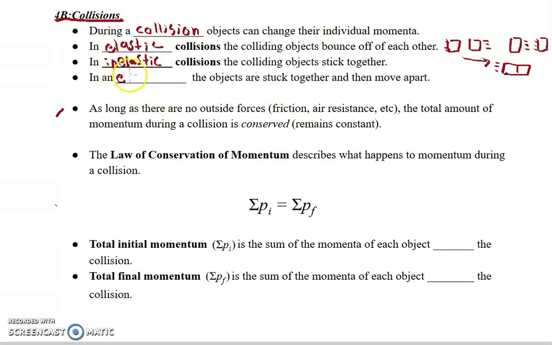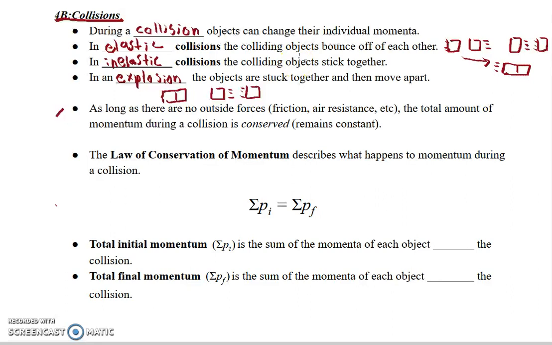So in an explosion, objects are stuck together initially, and then they would split apart after that. So that's the way that you can get objects interacting with each other.